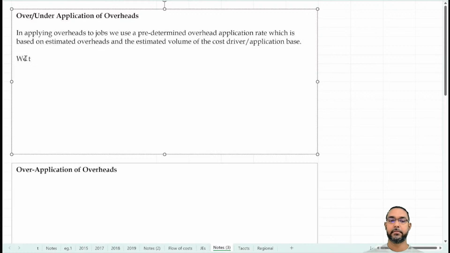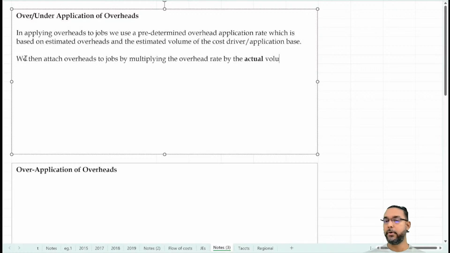We then attach overheads to jobs by multiplying the overhead rate by the actual volume of the cost driver or application base used by the job, right?